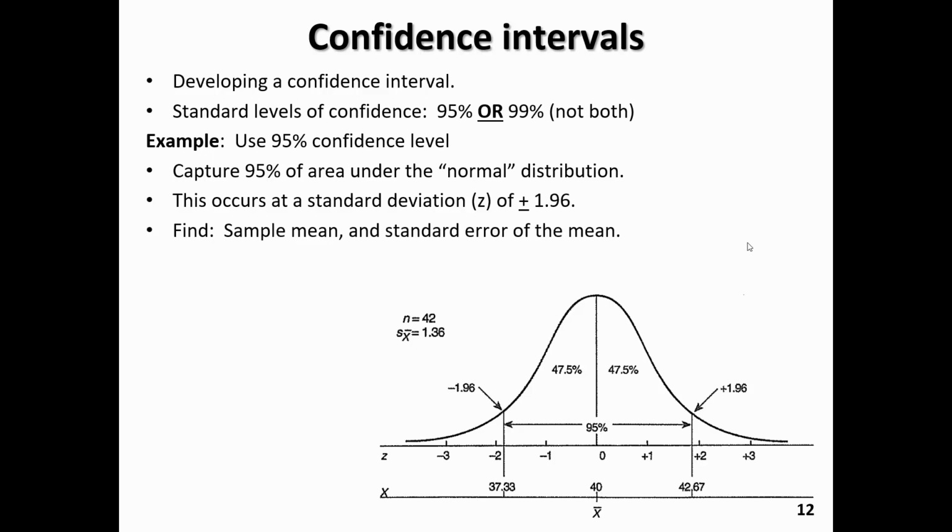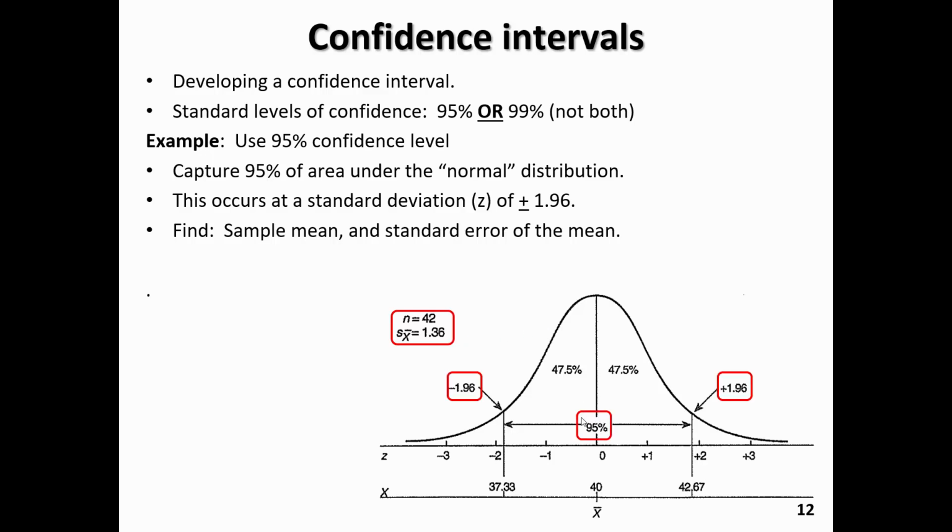To do this, we need to use the sample mean, and we need the standard error of the mean. Using these fictitious data here, in this sample study we have a sample size of 42 people, and it was already calculated that the standard error of the mean is 1.36.